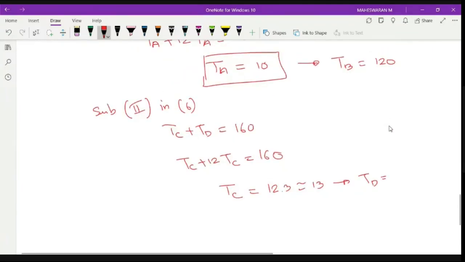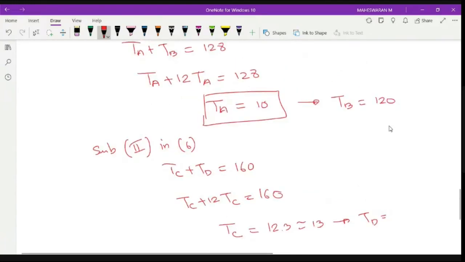Multiply by 12. Sir, 156. Sir, this is 118 only will come now, sir. Oh, TB is 12 times of TA. So TA is 10, right?